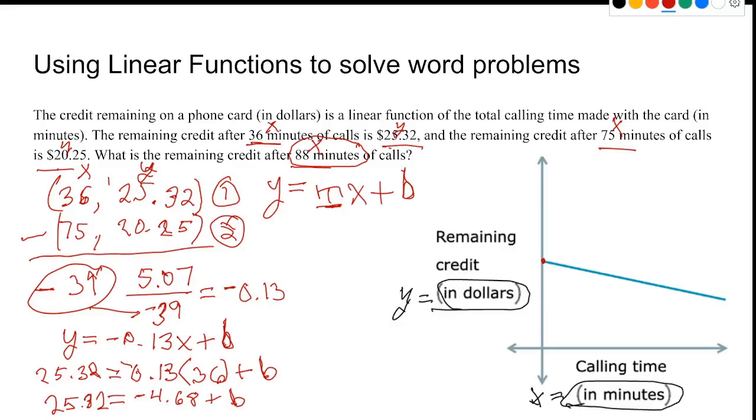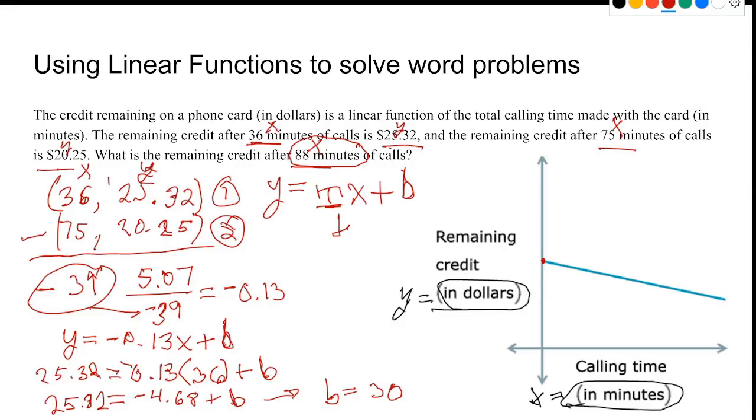Okay. And so we add the 4.68 over to the 25.32, and certainly we do come up with the value that b equals $30. So that was the initial cost of the card.